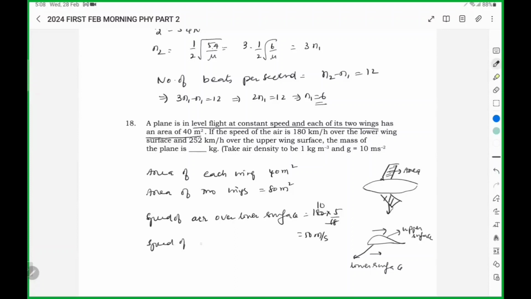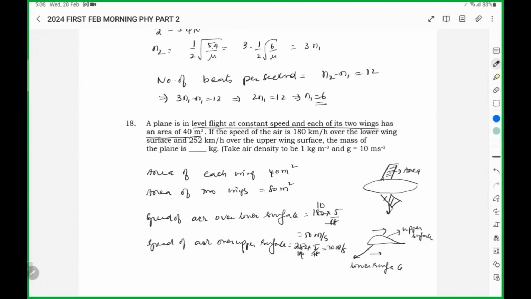The speed of air over the upper surface is 252 into 5 by 18, which is 70 meters per second.